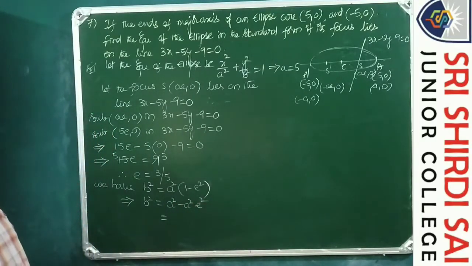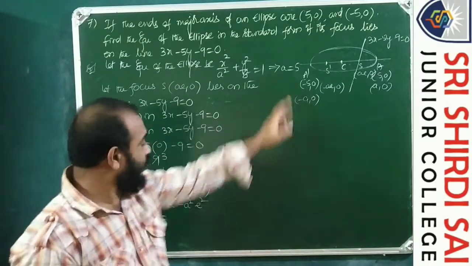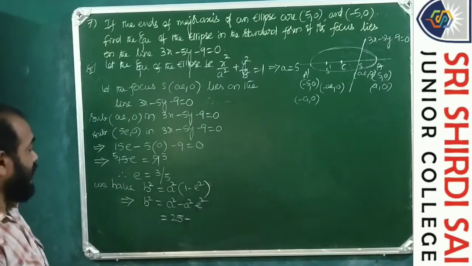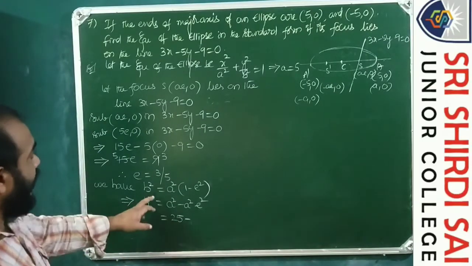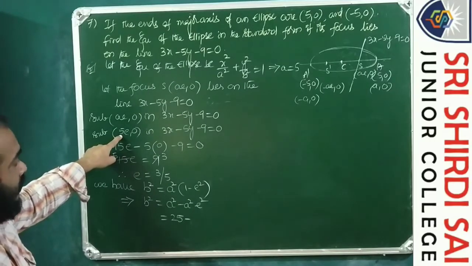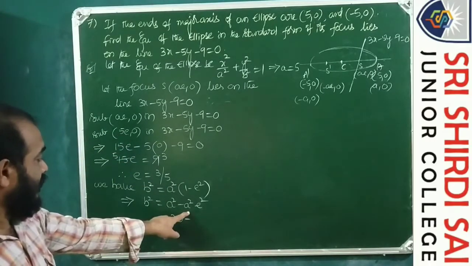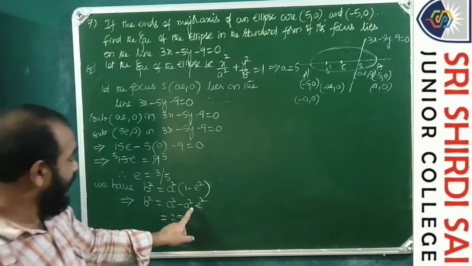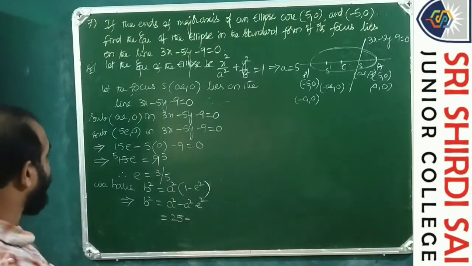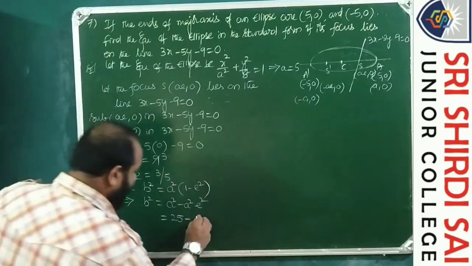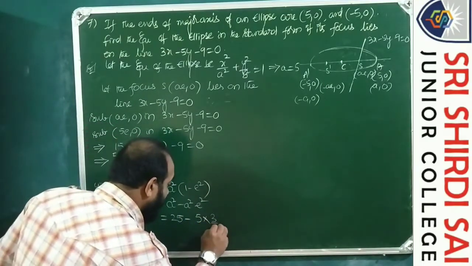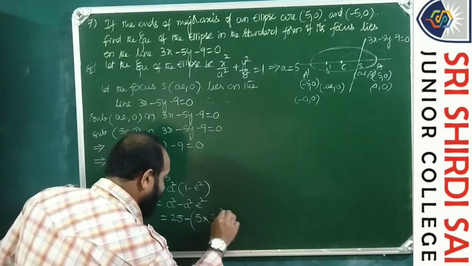The value of a square is 5 square, 25, minus a square e square, which is nothing but (ae) whole square. a is 5, e is 3 by 5, whole square.